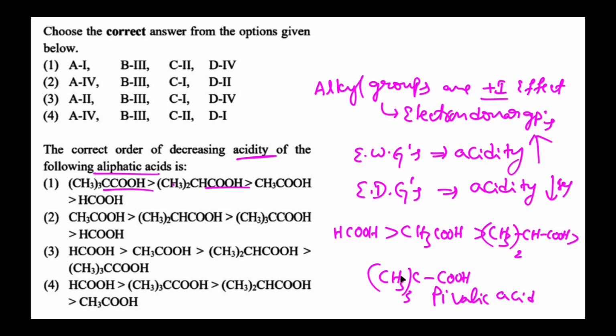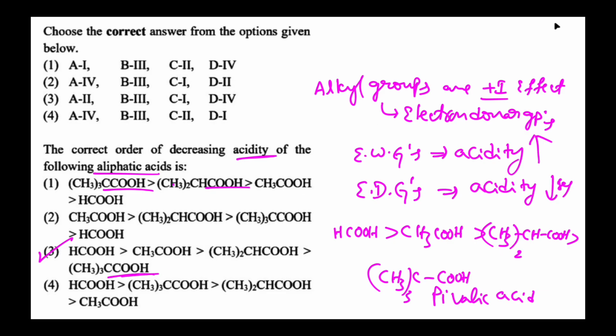More number of alkyl groups are there, acidity decreases. So the correct option is option 3: formic acid, then acetic acid, then isobutyric acid, then pyruvic acid.